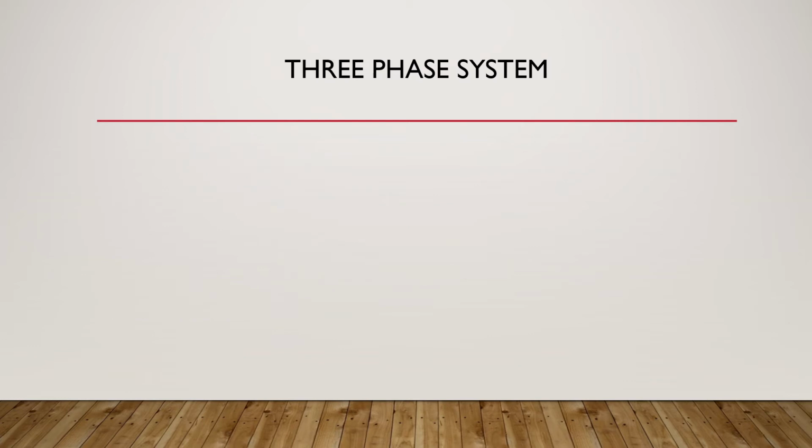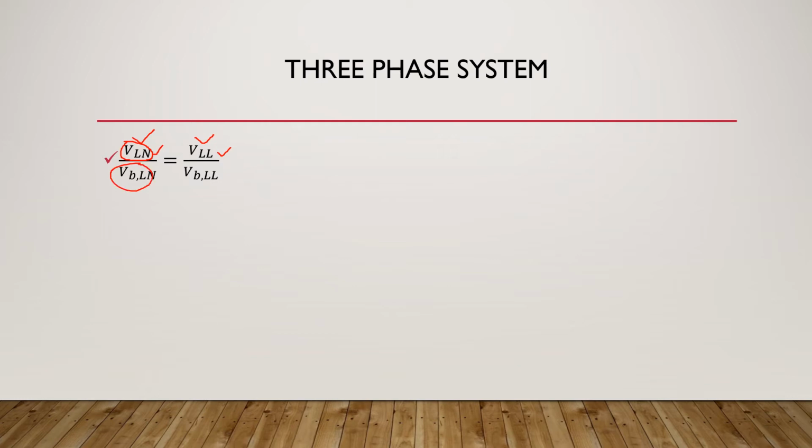Next one is the three-phase system. In order to proceed with the three-phase system, we need to follow two points. The first point is VLN by VBLN is equal to VLL by VBLL. What is this terminology? Here VLN refers to line to neutral voltage, and VLL refers to line to line voltage. The numerator part is the actual value and the denominator part is the base value.